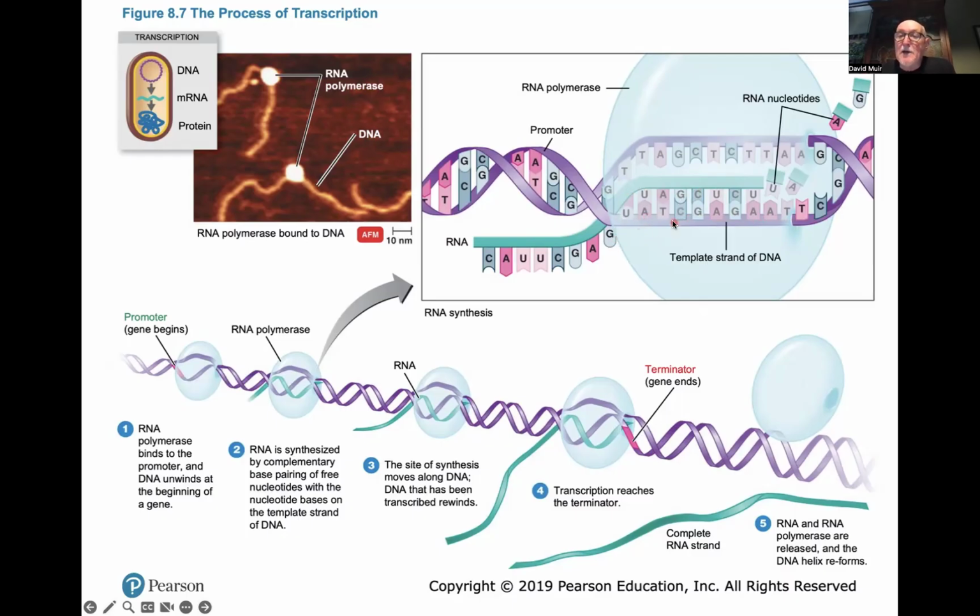Here's our DNA strand reading A, T, C, G, A, G, A. So what does the RNA strand read? It reads U matched to A, T, G, C, C, G, U, A, C, G, U, A, and so on and so on. Look what's happening.